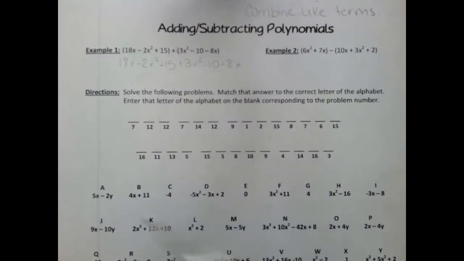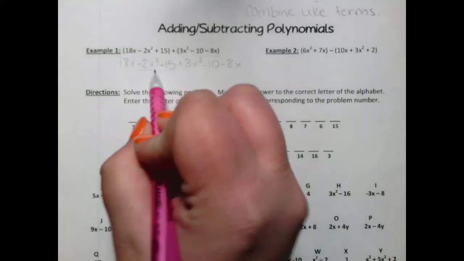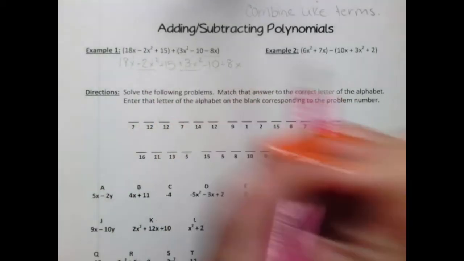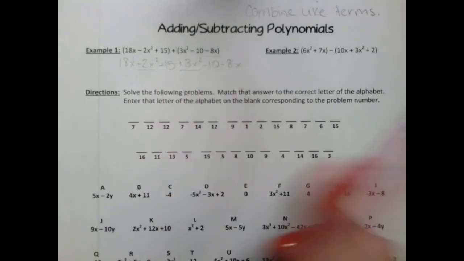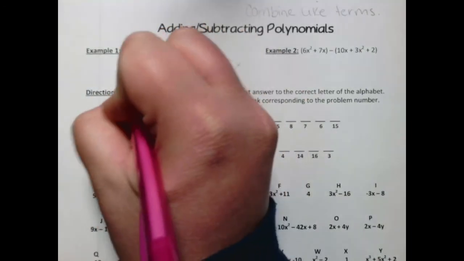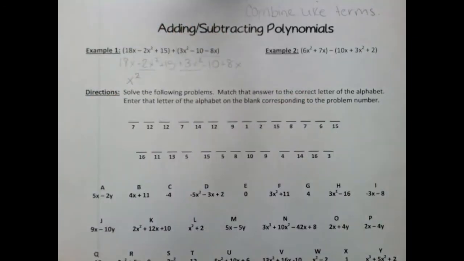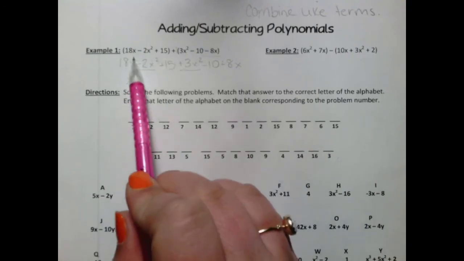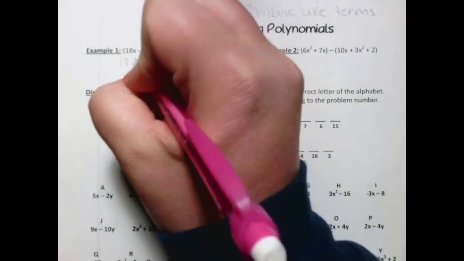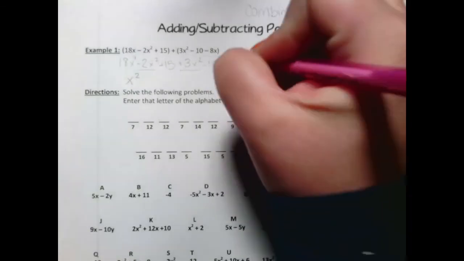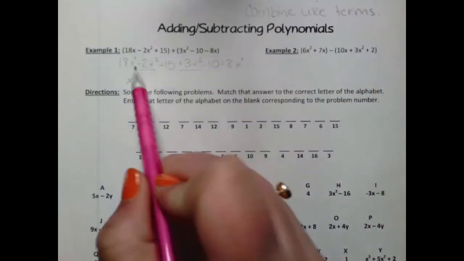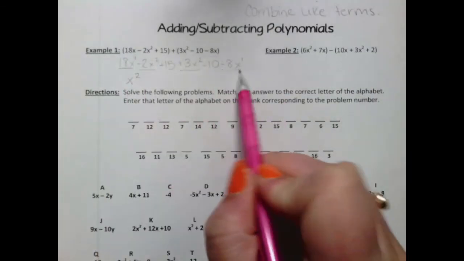Now I am just going to combine my like terms. So I'm going to start with my highest exponent. So I have negative 2x squared and positive 3x squared. So negative 2 plus 3 gives me positive 1. Don't need to write the 1, so I just have x squared. Then I'm going to go on to everything that has an exponent of 1. So if I have no exponent on my x, I assume that's 1. So I have 18x and then negative 8x.